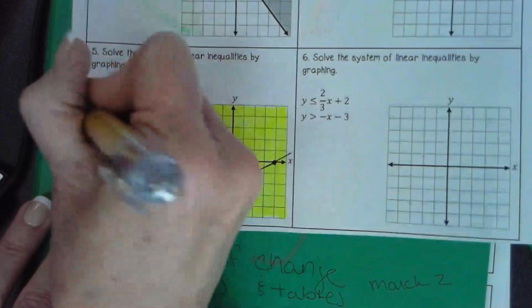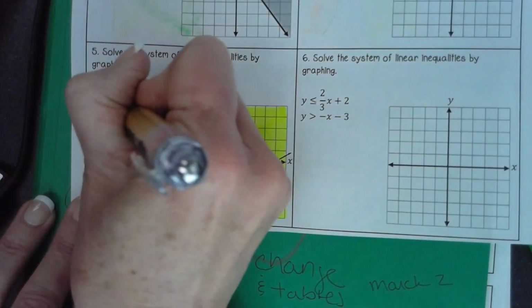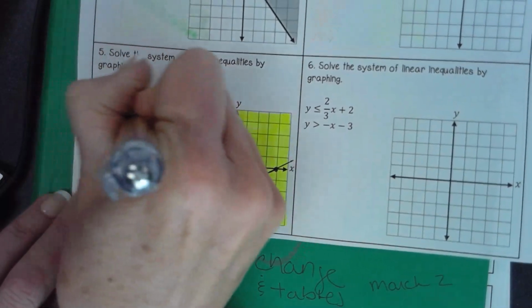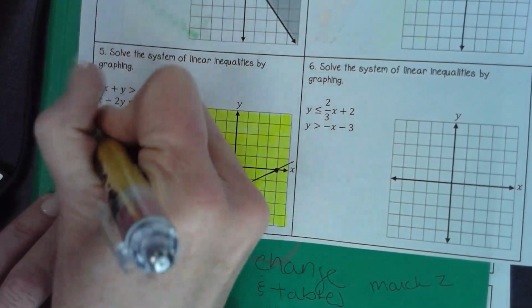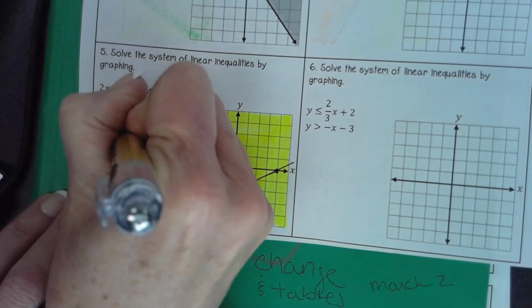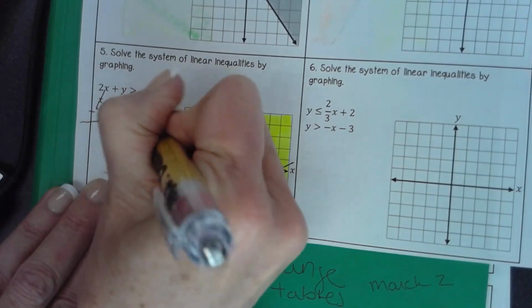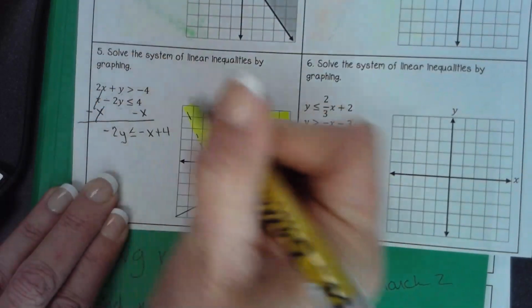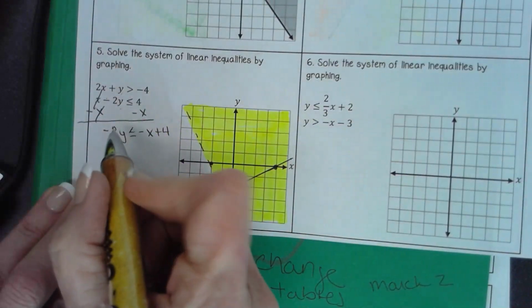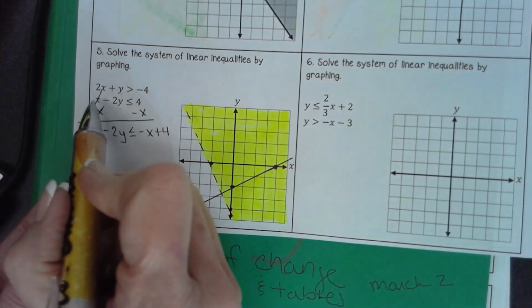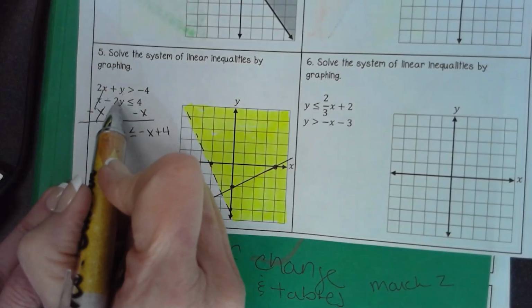So I'm going to subtract x on both sides. And I get -2y is less than or equal to -x plus 4. All I did was write those. And right here's where it happens. It happens where the y is, not where the x is.